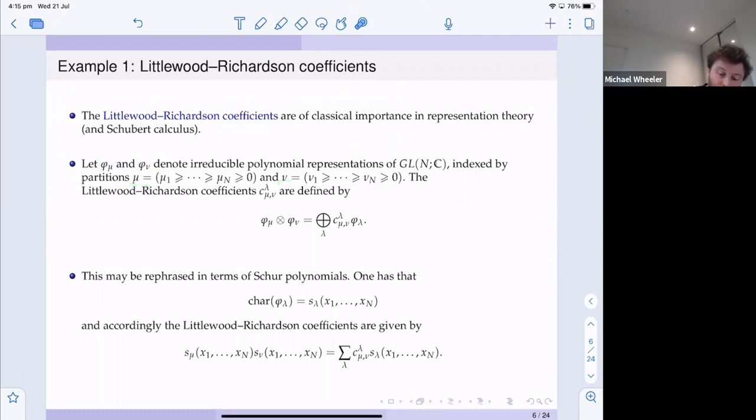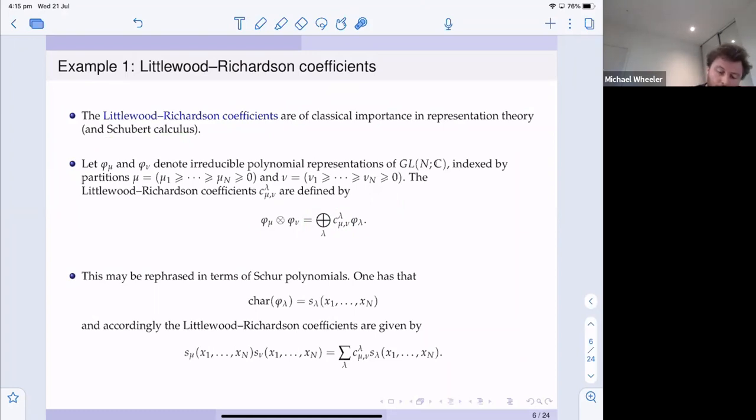And if I tensor those 2 representations together and then decompose into irreducibles, then the multiplicities that you get here are precisely the Littlewood-Richardson coefficients. So this is one representation theoretic way of defining them. There is an analogous definition that makes use of the Grassmannian. So if you prefer to work in terms of Schubert calculus, you can come up with an analogous definition.